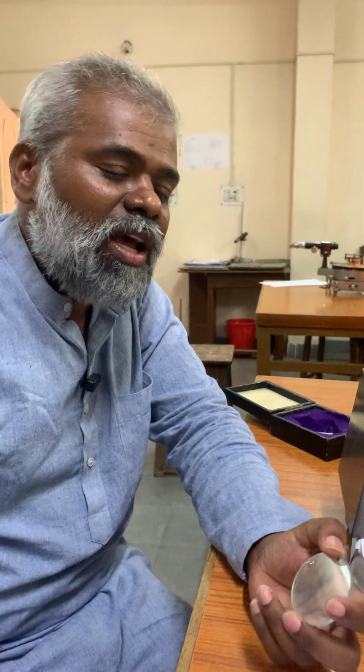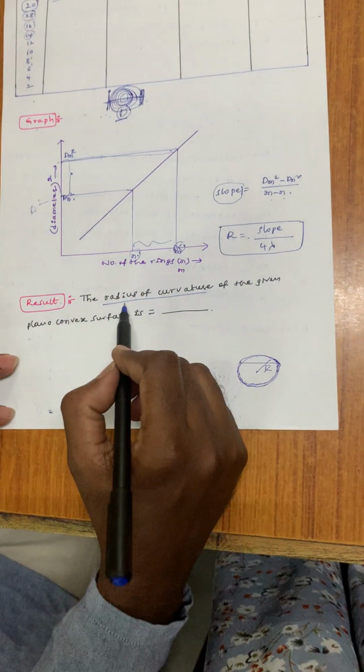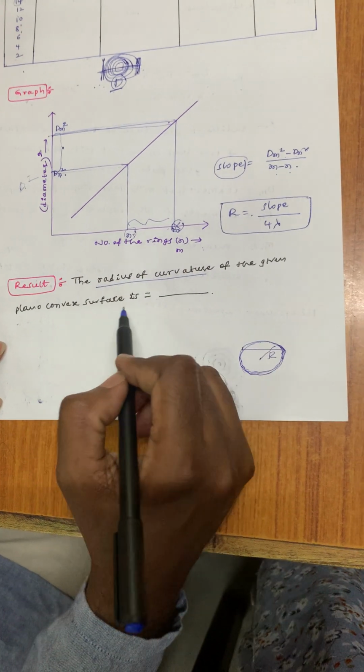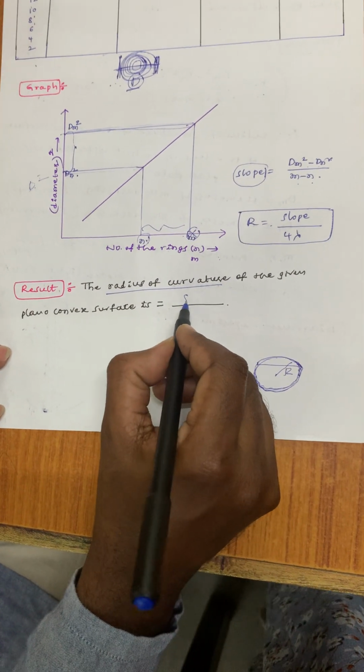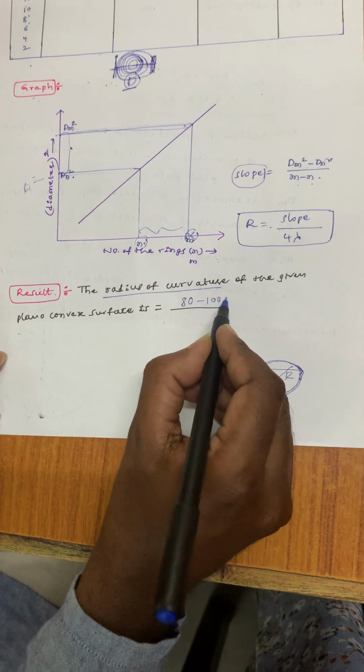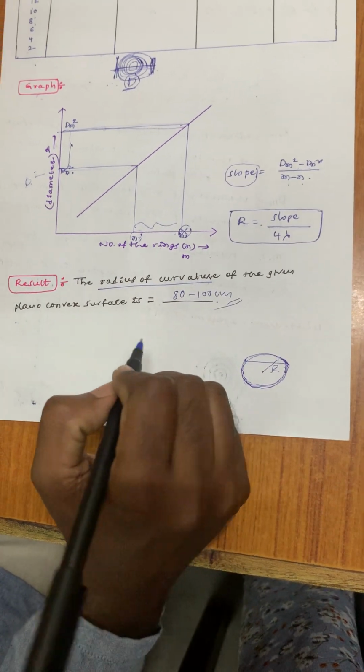In the result, you write that the radius of curvature of the given plano convex surface is around 80 to 100 centimeters. Like this we have to do. This is the Newton rings experiment.